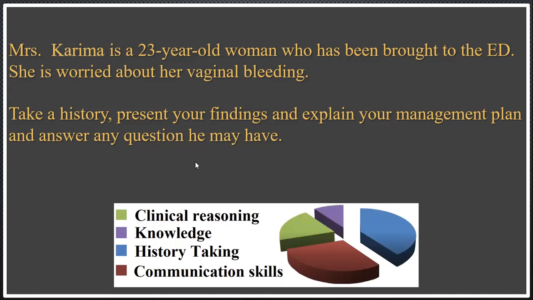I forgot to ask about trauma. Did you ask me about trauma? No, I forgot to ask about trauma. Okay, you took a sexual history. Do we need sexual history here? Yes. It's not important for vaginal bleeding. If it were vaginal discharge, maybe, right?